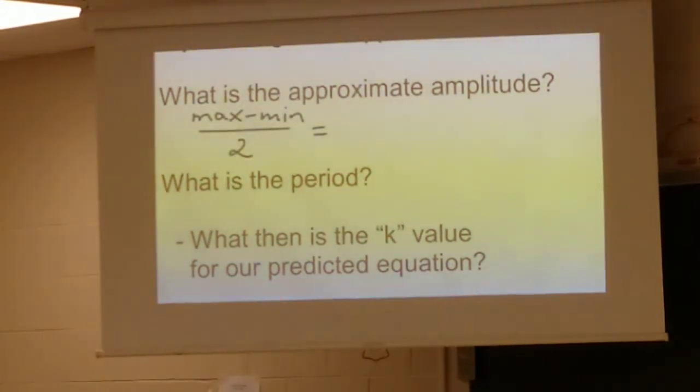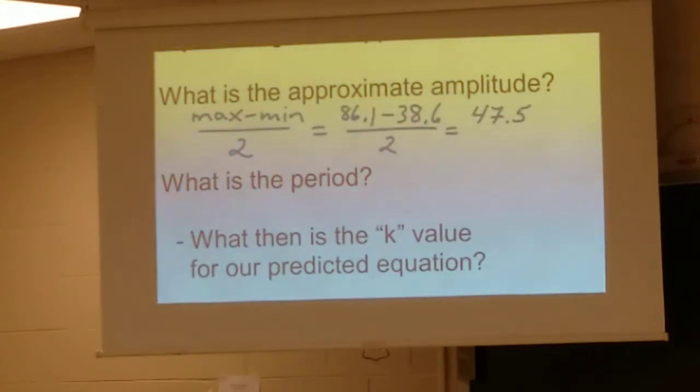And it works really nice in this problem because I can just take my maximum temperature, which is 86, subtract the minimum temperature, which is 38, do a simple subtraction, do a simple division, and we end up with the amplitude. I want you to realize what's happening here when you subtract these numbers.